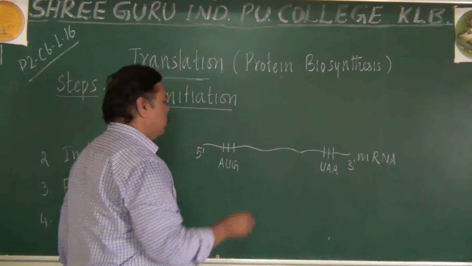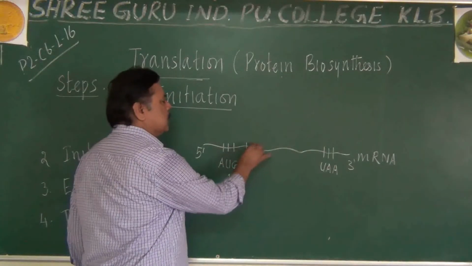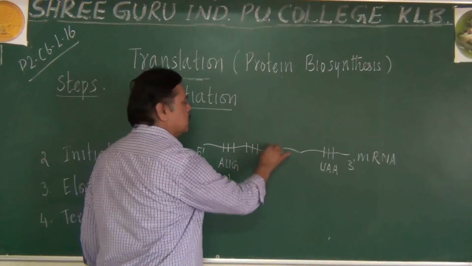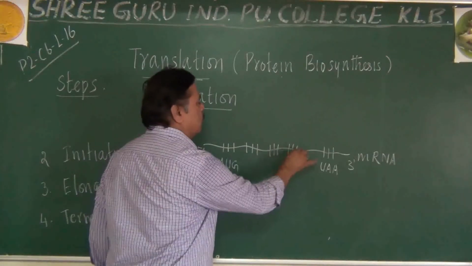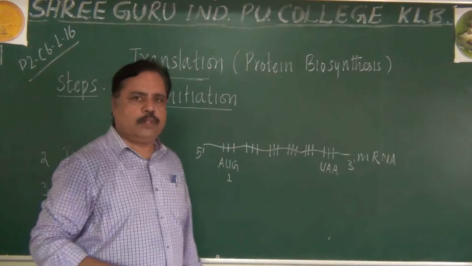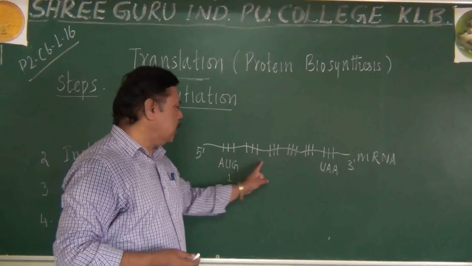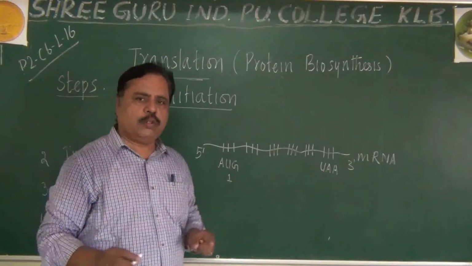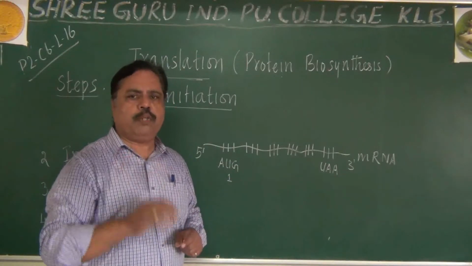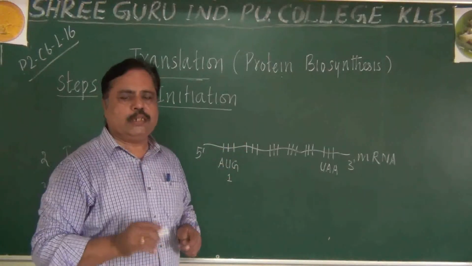Remember, this is the first codon, this is the second codon, this is the third codon, fourth one, fifth one, like that. Hundreds of codons are present. Let us not draw all the codons here, and we need not bother about their composition either. Just remember, codons are triplets. Each triplet codes for one amino acid. That is the main point.